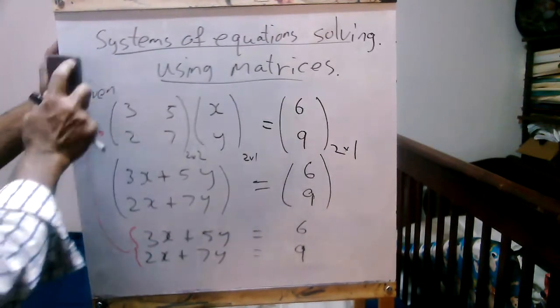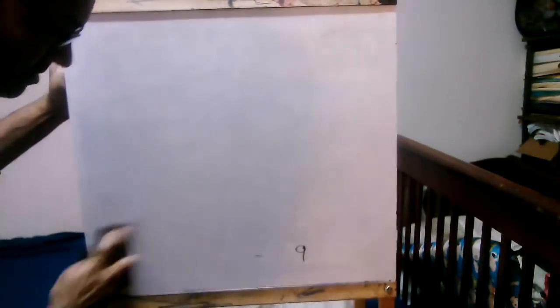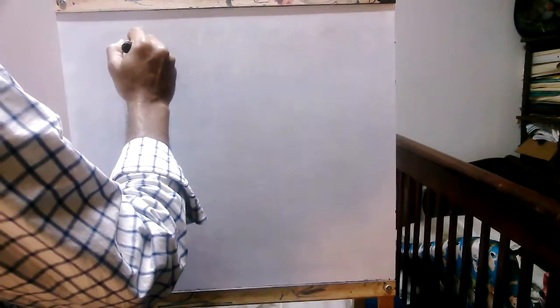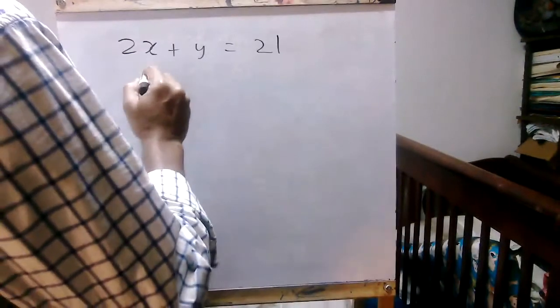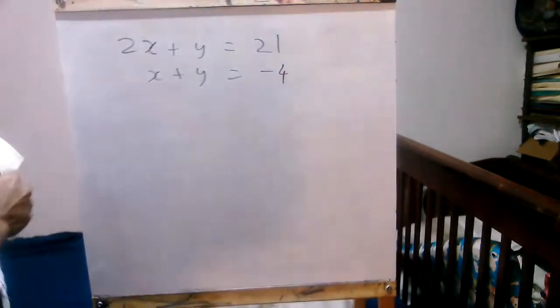Let's see an example. This is again from the book, on page 633. 2x plus y equals 21, x plus y equals -4.